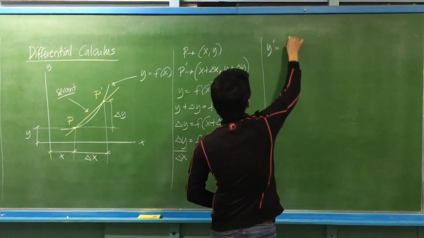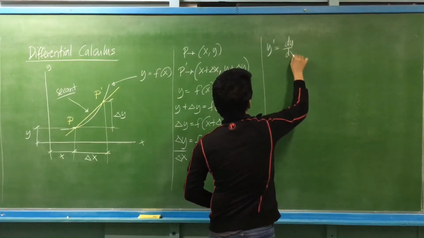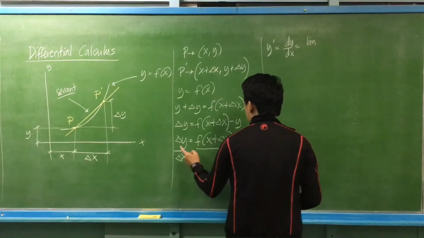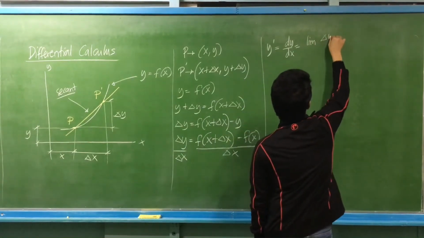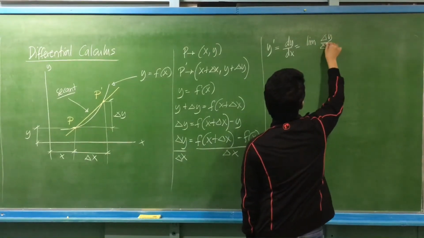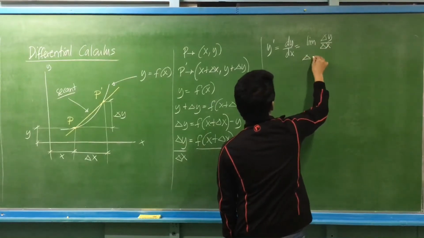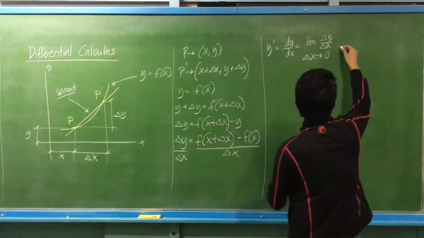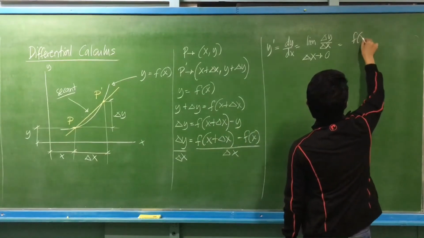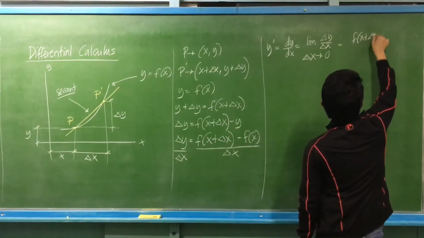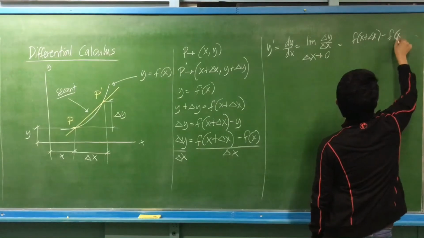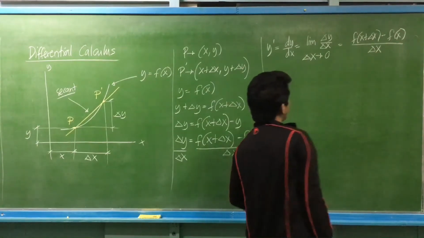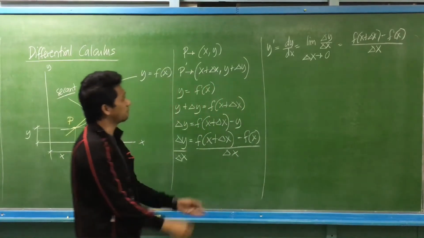That's the same as dy over dx, which is equal to the limit of delta y over delta x as delta x approaches 0, and that is equal to f of x plus delta x minus f of x, all over delta x. That's how we apply derivative or differentiation.